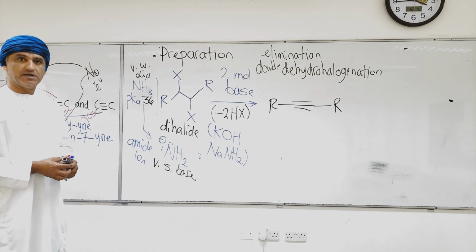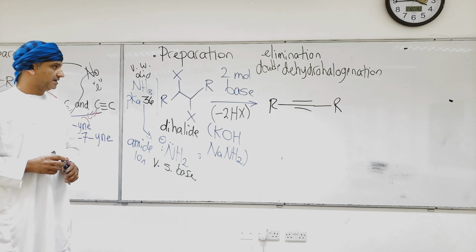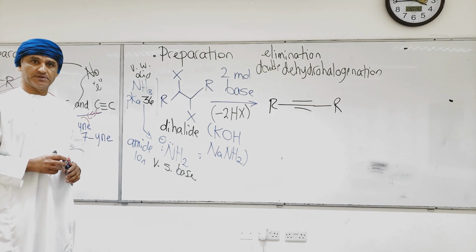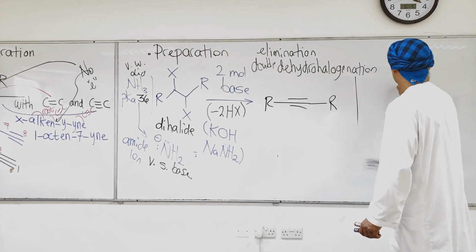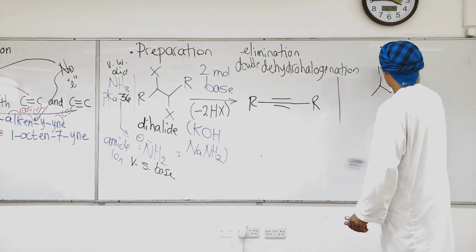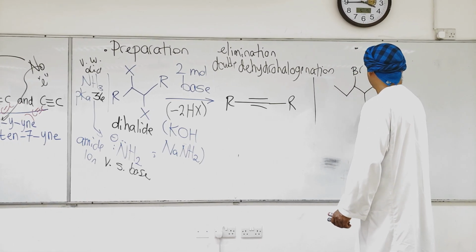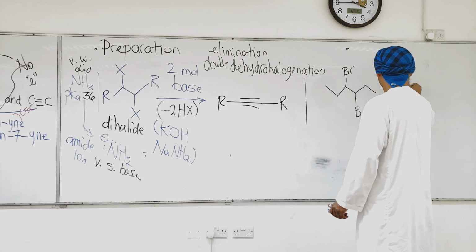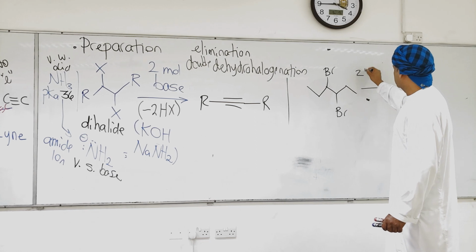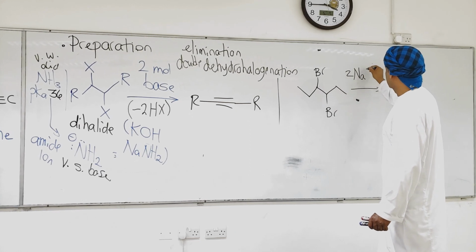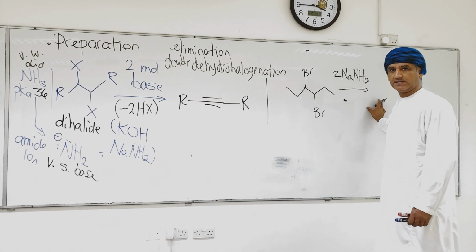So let me now give you 1 or 2 examples of this elimination reaction that results in the formation of alkynes. So this is now a very simple example of a dibromide that can be used to make the corresponding alkyne.